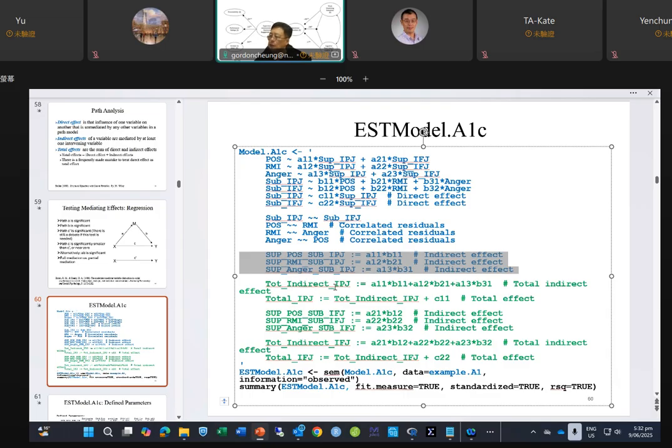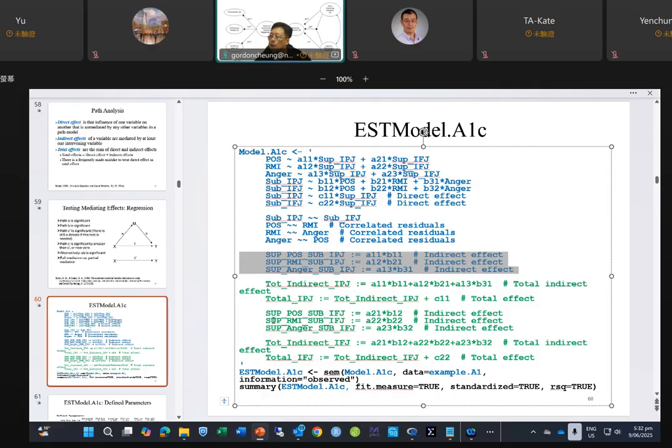The total indirect effect is A11 times B11 plus A12 times B21 plus A13 times B31. This is a total indirect effect. The total effect is the total indirect effect plus the direct effect. C11 is the direct effect.